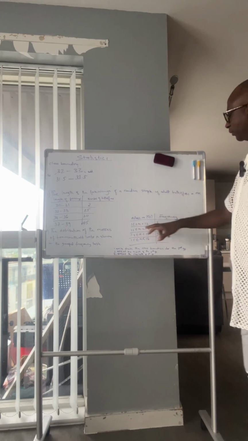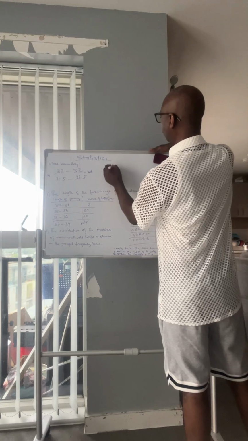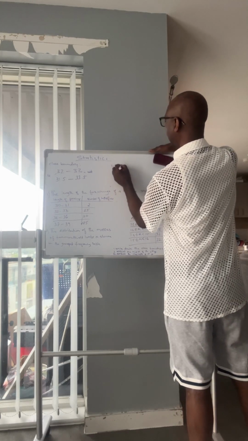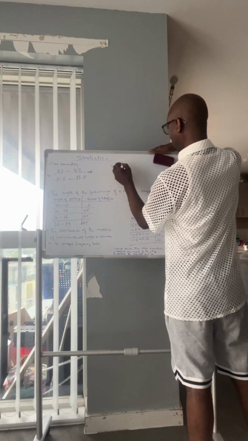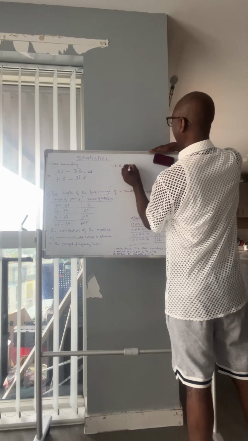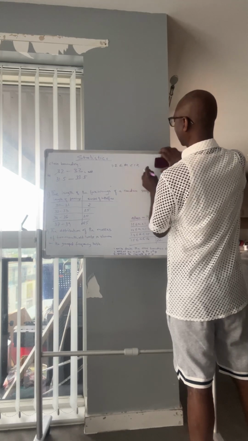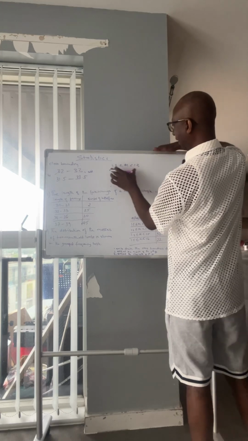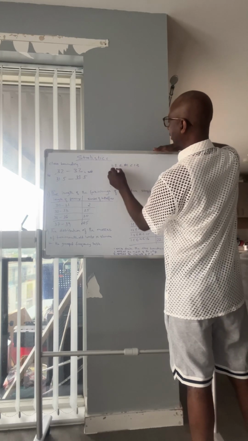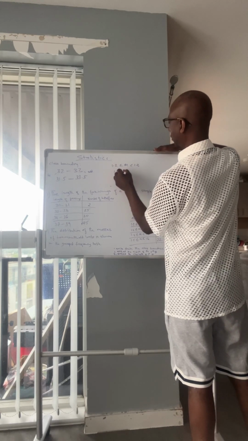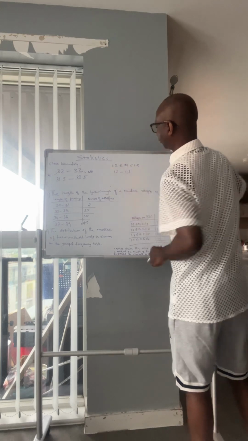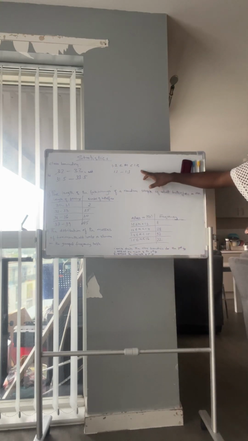Find the class boundary of this first one, 1.2 less than or equal to m less than 1.3. The class boundary here is 1.2 to 1.3.